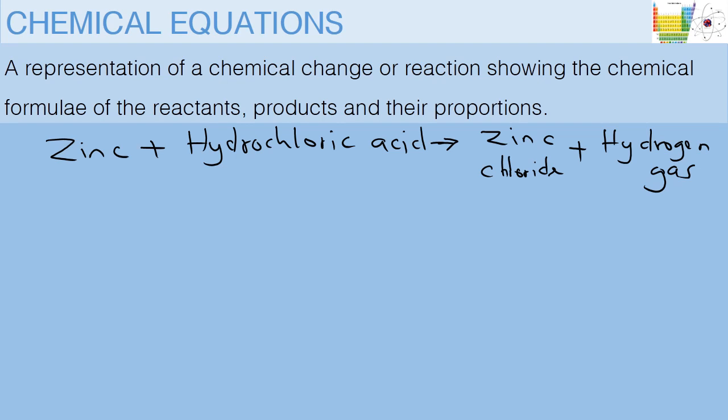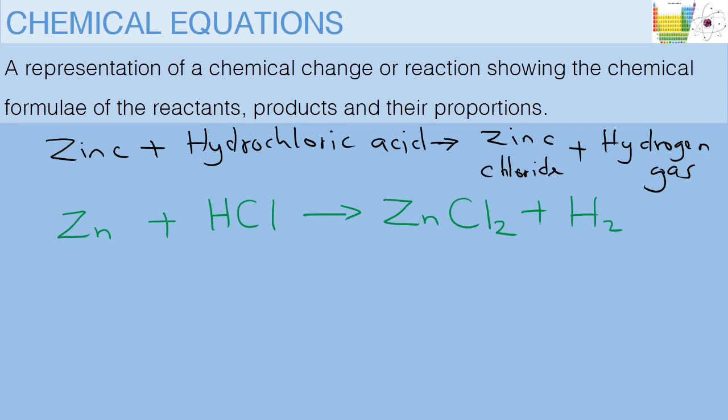Now for us to write this equation, it is going to be simple. Zinc is written as Zn, reacting with hydrochloric acid, which is written as HCl, to give us the product zinc chloride, which is written as ZnCl2, and hydrogen gas, which is H2.